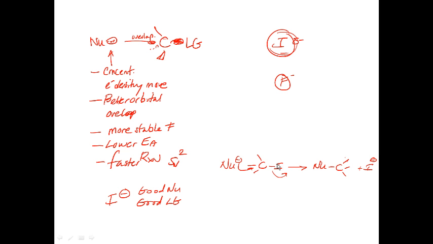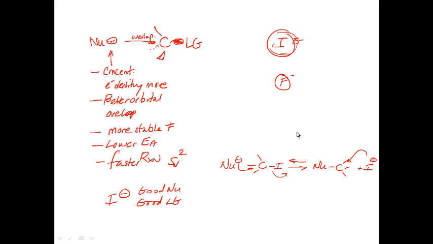So I'm reacting a nucleophile with a molecule that has a pretty good leaving group, but once I form the iodide, it's a pretty good nucleophile that could come back and attack this carbon and reverse the process. So practically, when you react alkyl iodides, you sometimes get equilibria between the two different products.